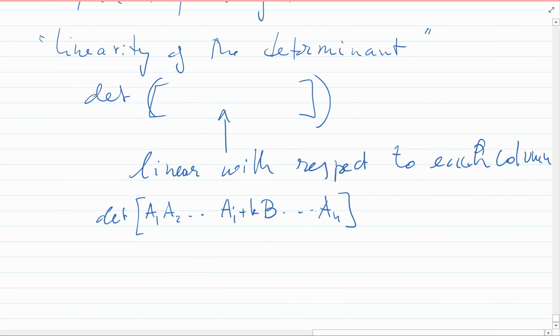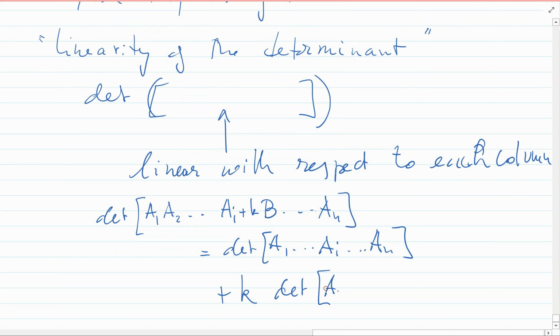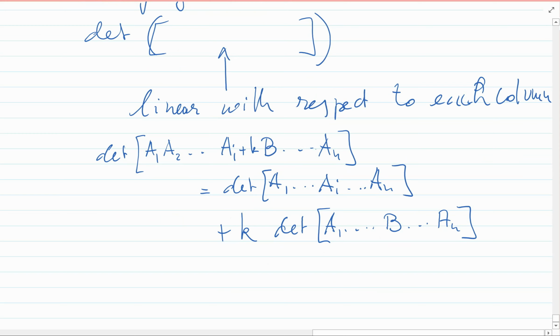So this is equal to the determinant of A1, ..., Ai, ..., An, plus k times the determinant of A1, ..., b, ..., An, where b is a column of the matrix, in the position of the i-th column. This is what's known as the linearity, bilinearity, or n-linearity of the determinant.